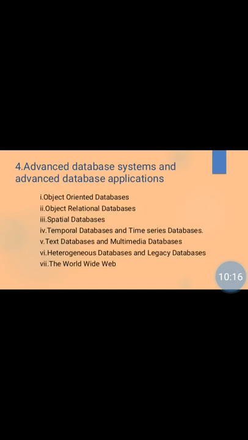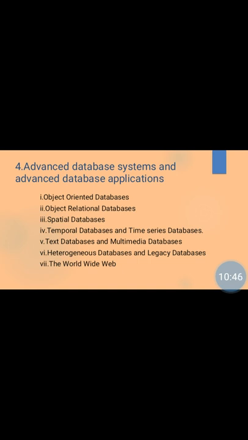Next is advanced database systems and advanced database applications. Already we saw some new database applications, and this is the fourth one, advanced database systems and advanced database applications. So what are these? The first ones are object oriented databases, object relational databases, spatial databases, temporal databases and time series databases, text databases, and multimedia databases.